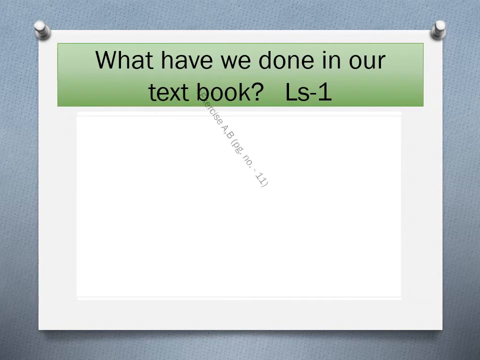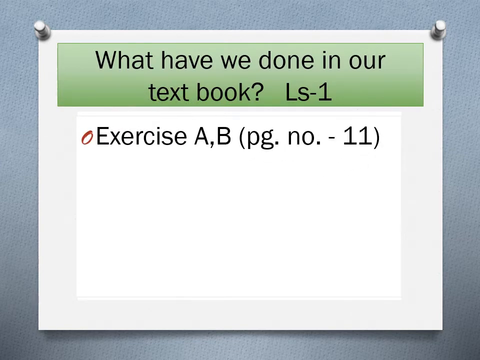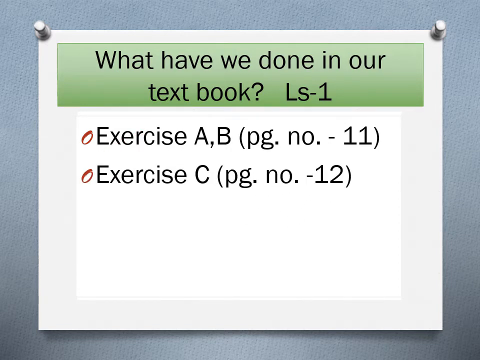We have done exercise A, that is tick the correct answer, and exercise B, unscramble the letters to find out the names of the plants, on page number 11. Now on page number 12 we have done exercise C, answer these questions.